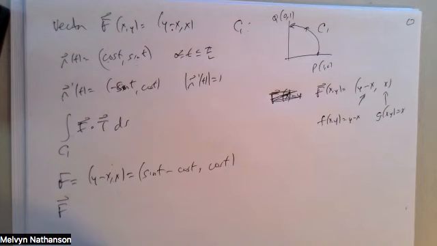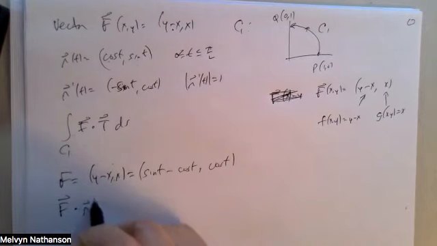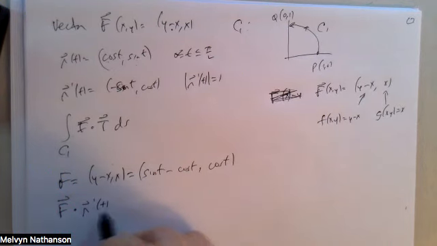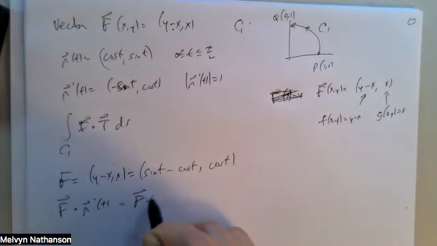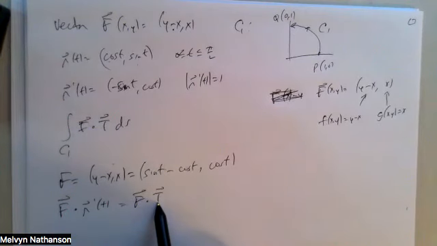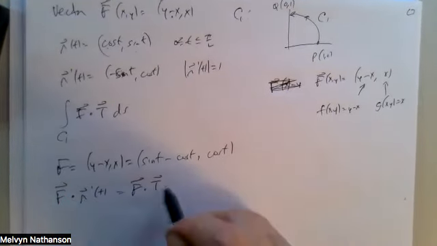So f dot r prime of t, this is the same as f dot t, if the unit tangent vector is just r prime of t.